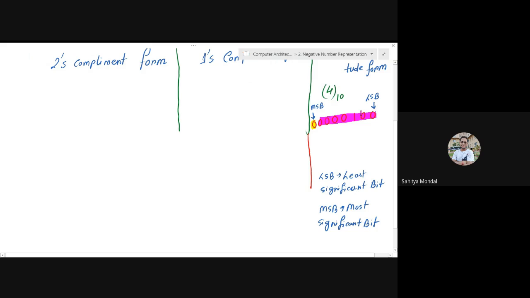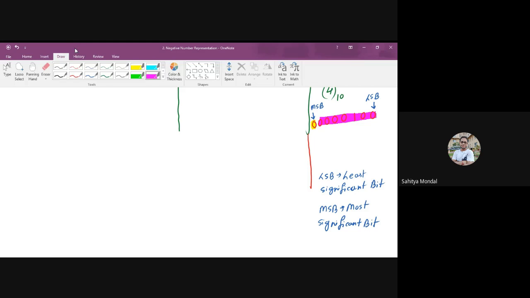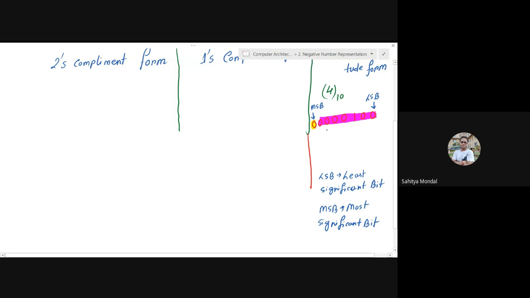Magnitude specifies the value and sign specifies the sign of that number. We have two options in the MSB, either 0 or 1. 0 stands for a positive number, 1 stands for a negative number. So I am writing plus 4.